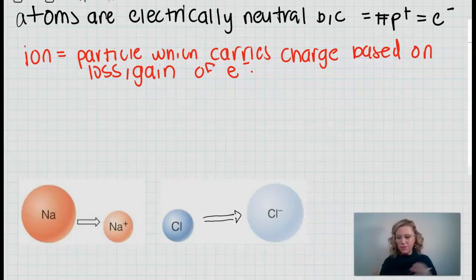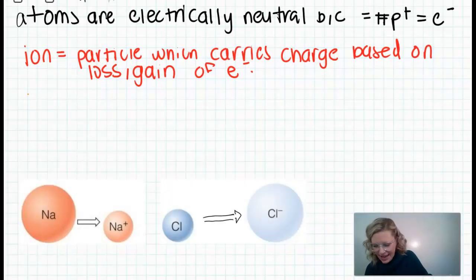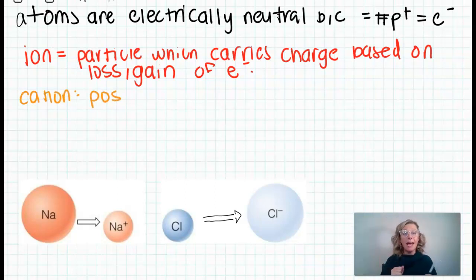So we have two different types of ions, positives or negatives. Let's define those. A cation is the positive ion. You get it, cats have paws, so it's the positive ion.